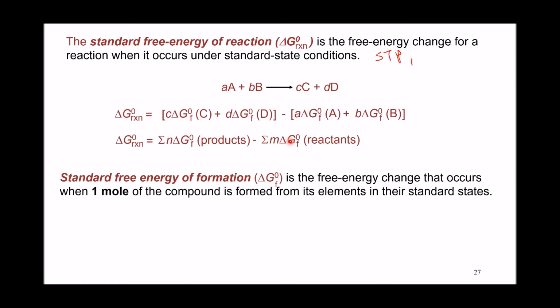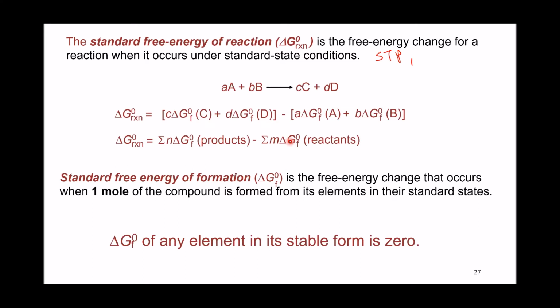And it's based on defining the standard free energy of formation for any substance to be the change in free energy during the formation of 1 mole of the substance from its elements in their standard states.